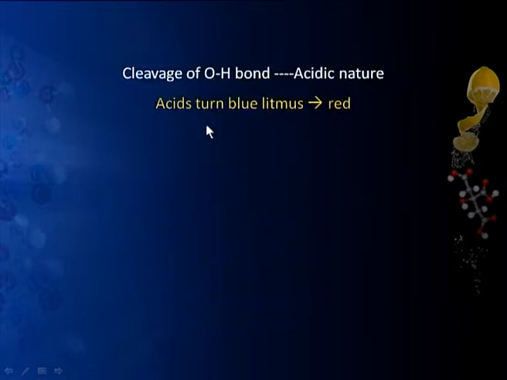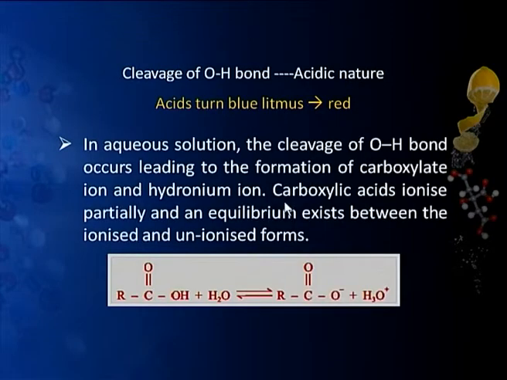So, in aqueous medium, carboxylic acids turn blue litmus red, showing the acidic nature. This cleavage of the OH bond leads to the formation of the carboxylate ion, and in aqueous medium this remains in equilibrium, that is water takes up the H plus ion forming H3O plus ion, and this H3O plus ion, obviously acting as an acid, turns blue litmus red.